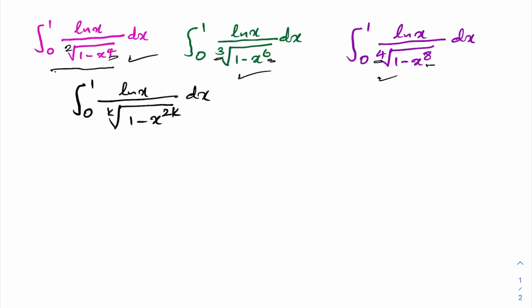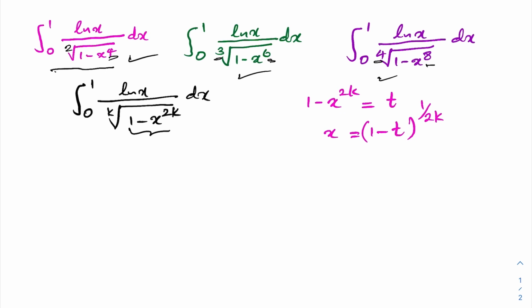Well, first let's try the u substitution. Here we have (1 minus x) raised to the 2k power. So I am going to take (1 minus x) raised to the 2k is equal to t. Then we can isolate x. x is equal to 1 minus t raised to the power 1 over 2k.